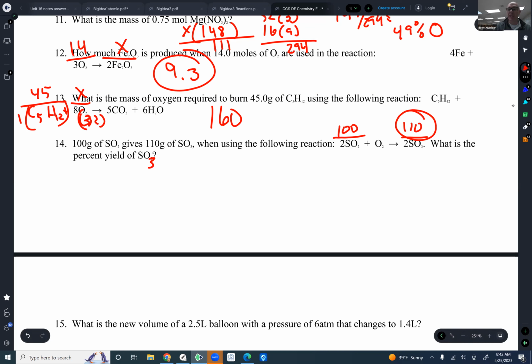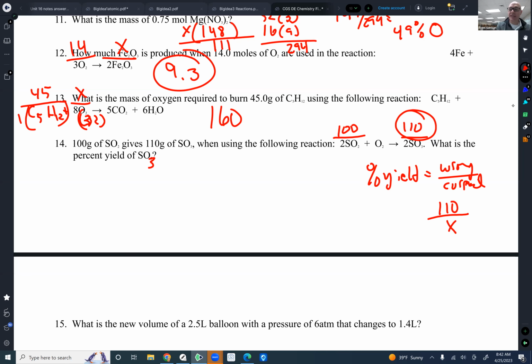So here is the formula for percent yield: wrong over correct. So the 110 is the wrong value. I am looking for this X. So I'm going to take an unknown right here where I have the 110.